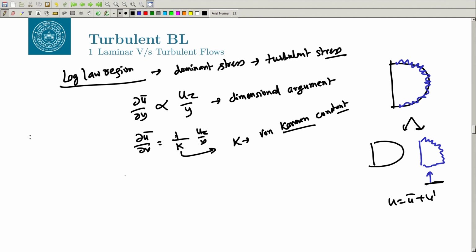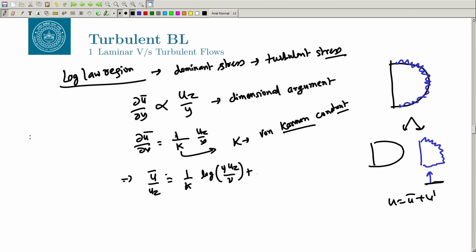Now you can integrate it and use the proportionality constant, and it becomes u bar by u tau equals 1 by kappa log of y u tau by nu, plus b. I am just keeping some steps here.